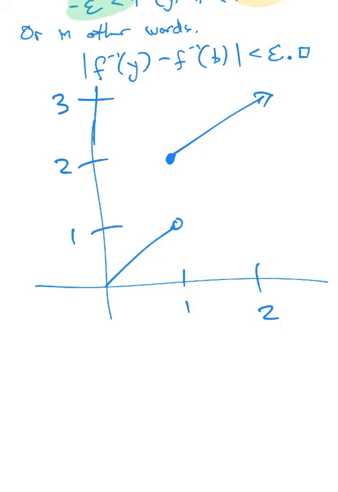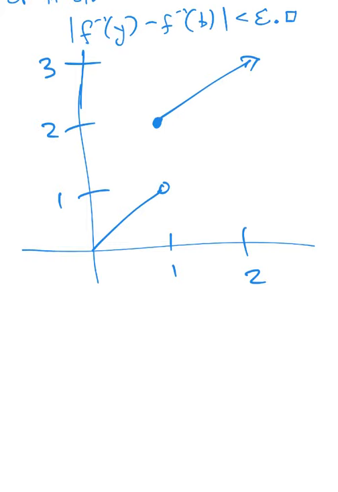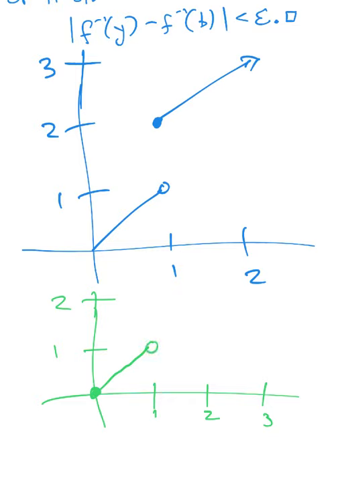Now think about the inverse of that. What does the inverse look like? 1, 2, 3. F inverse from 0 to 1 is just linear. F inverse from 1 to 2 does not exist.